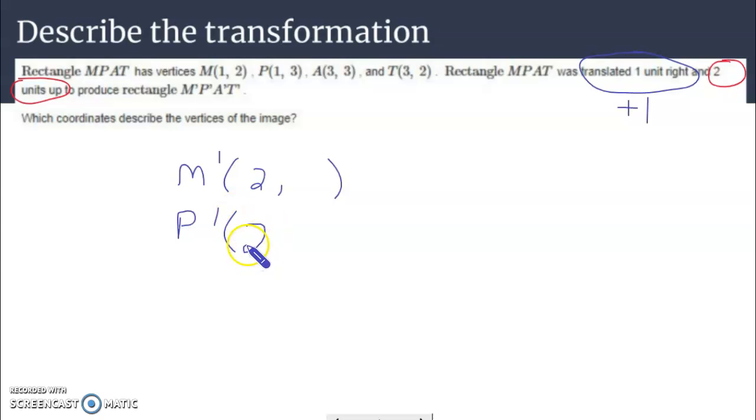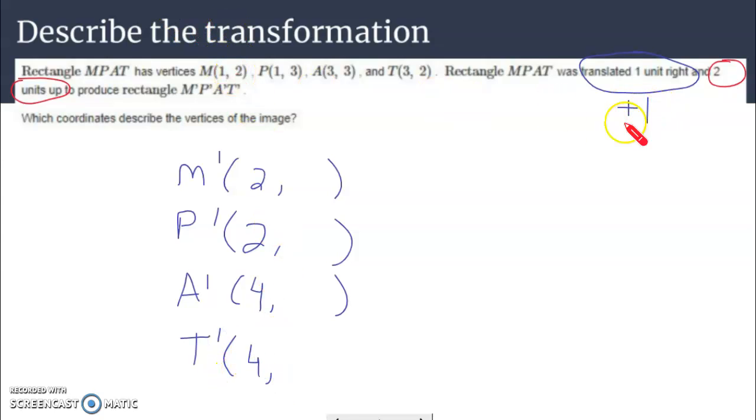It would have an x coordinate of 2. A prime would have an x coordinate of 4 because we had 3 plus 1 to get 4, and T prime also 4.